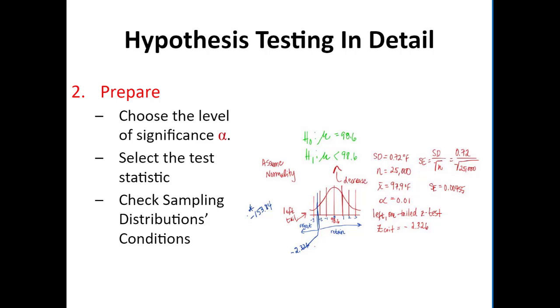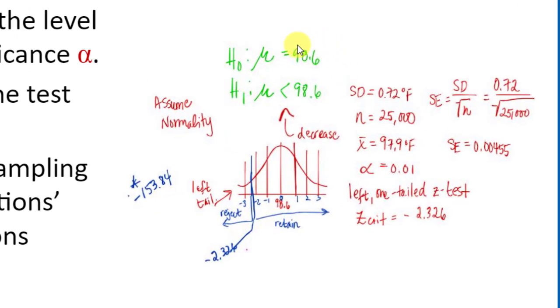In the prepare stage, we started to list out what we knew. We knew that the population mean was 98.6. That's what we had used to write our hypotheses. We were also told that the standard deviation was 0.72 degrees Fahrenheit.